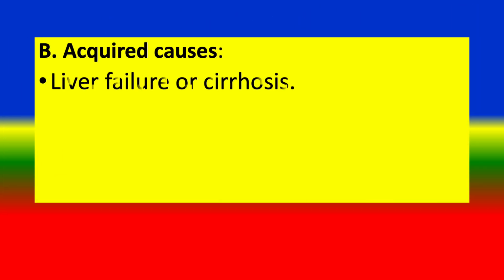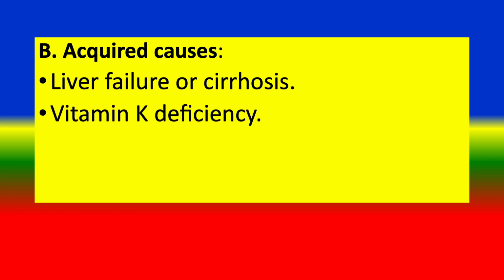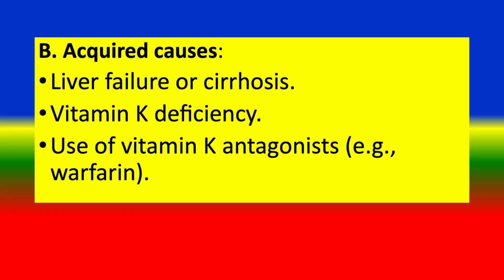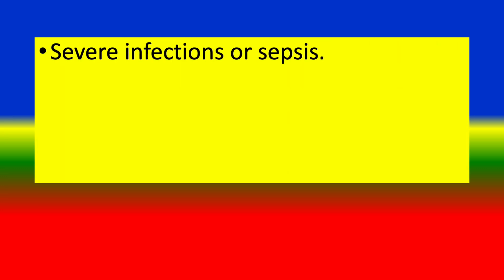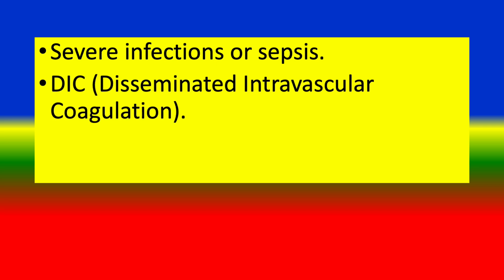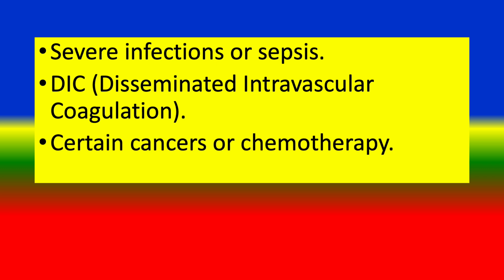B. Acquired causes: liver failure or cirrhosis, vitamin K deficiency, use of vitamin K antagonist, for example warfarin, severe infections or sepsis, DIC, disseminated intravascular coagulation, certain cancers or chemotherapy.